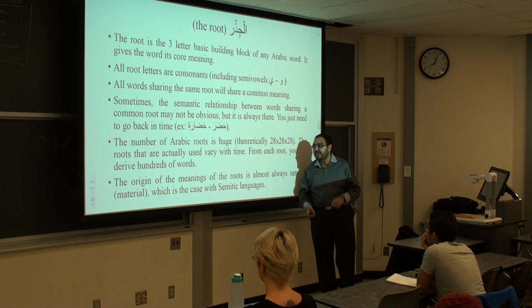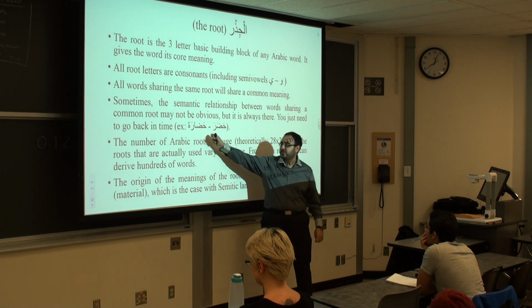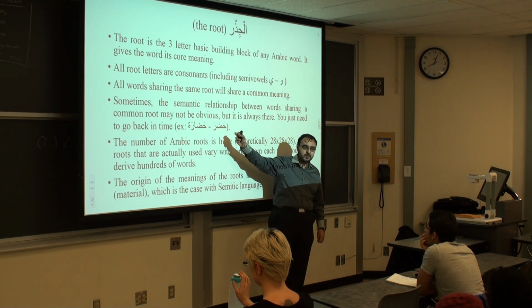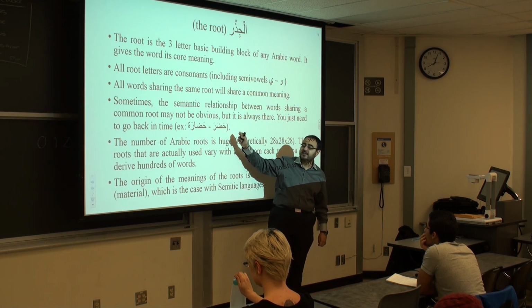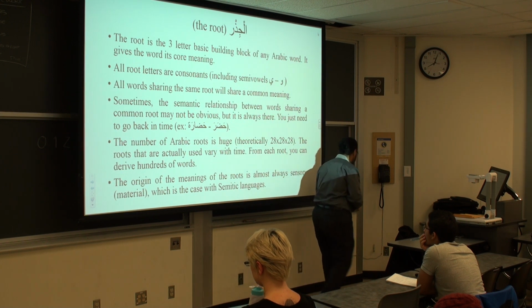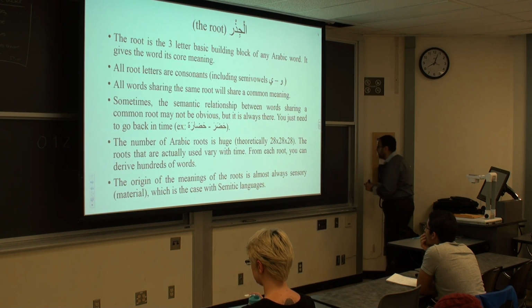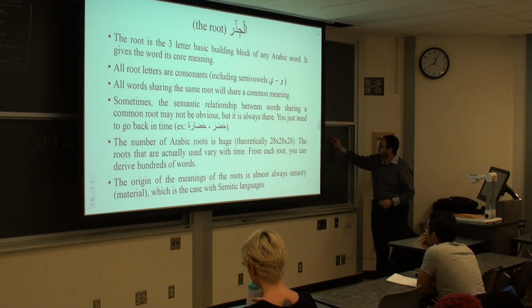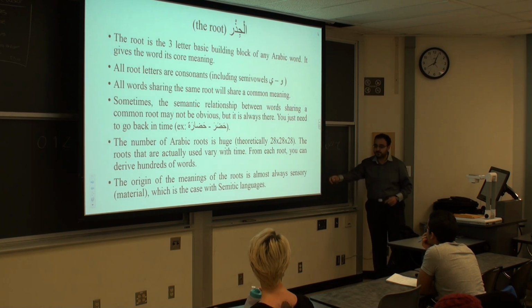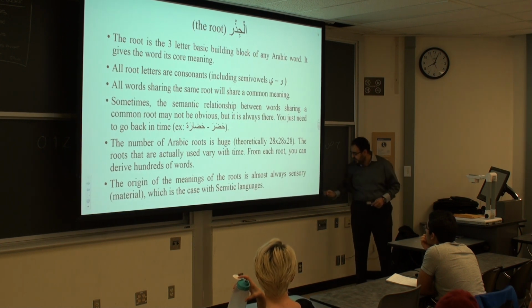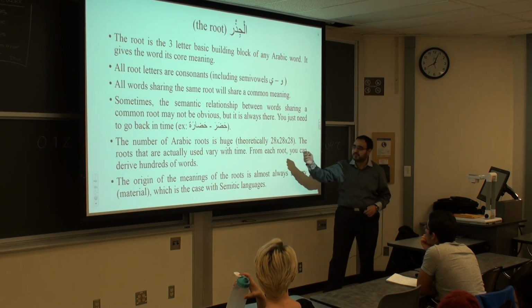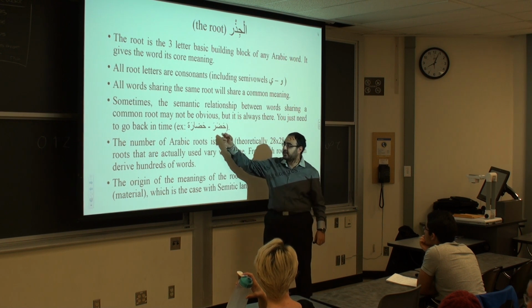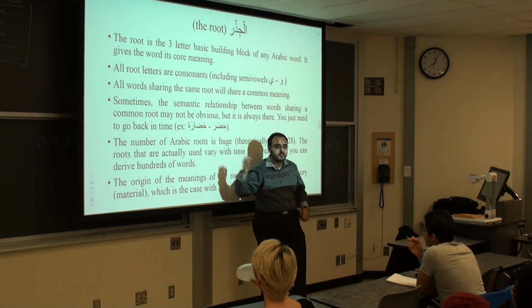Civilization. Mumtaz. Anyone remembers? These two words, by the way, share the common root ha, dad, ra. The root of both consists of the three letters ha, dad, ra. So anyone remembers what's the semantic relationship, i.e. the relationship in the meaning between the two words?